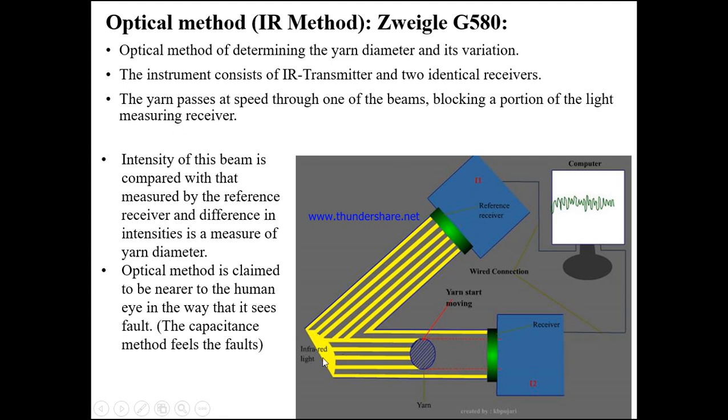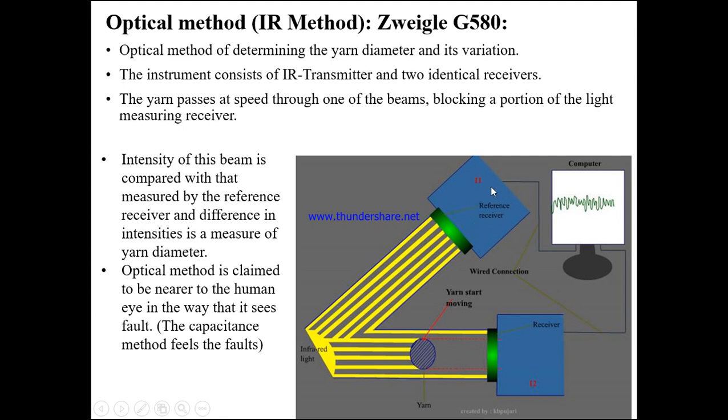This is the source of the infrared radiation, and from the source two identical beams of infrared radiation are generated. One beam is incident on receiver I2, and another similar beam is incident on the reference receiver I1.